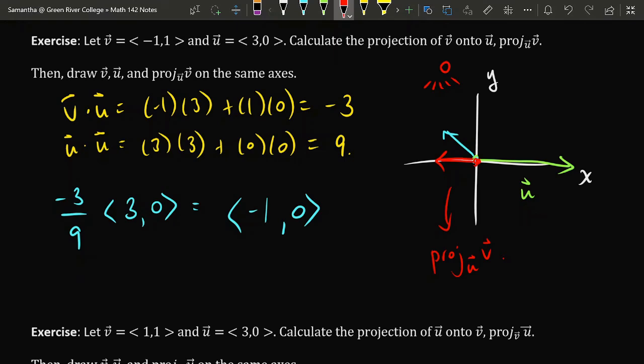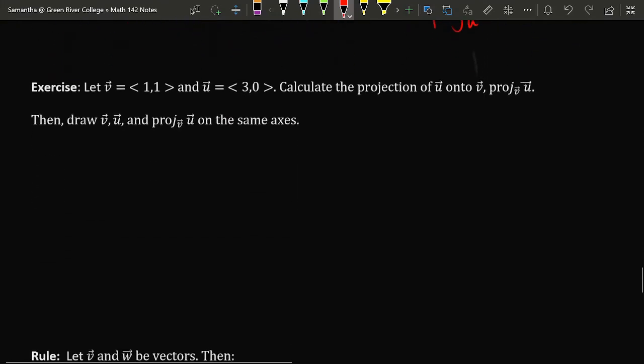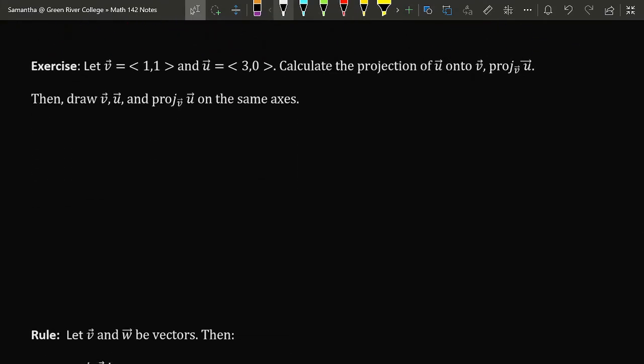Now to show how much order actually matters in these calculations, let's take the vectors v equals 1, 1 and u equals 3, 0. And in this case, let's find the projection of u onto v. Let's find the portion of u which aligns with the vector v.